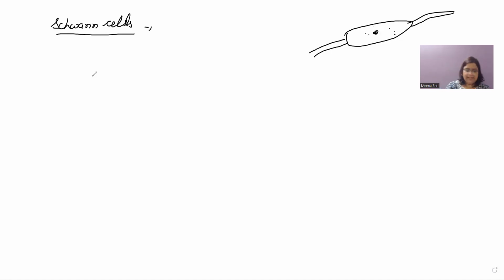The Schwann cells diagram is like that. Here, they encircle the PNS, peripheral nervous system, axon.